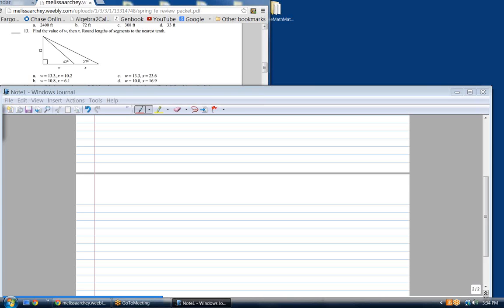Whenever you're going to write an equation to solve this particular triangle, always start with the trig function of the angle. Alright, so which trig function are you going to use? It'd be opposite and adjacent, right?